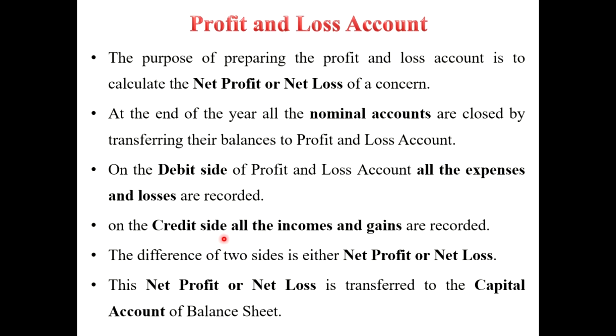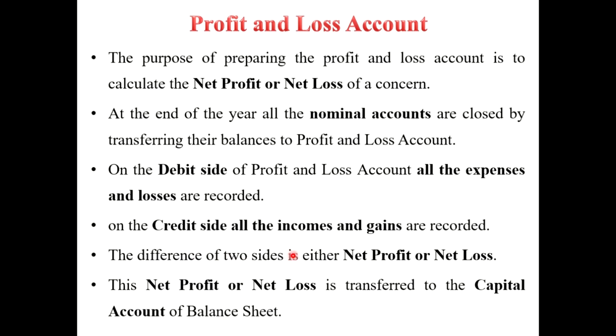Non-operating income is income other than from the main business. For example, interest on investment outside the business, profit on sale of fixed assets, and dividend received are non-operating income, which we record on the credit side of the profit and loss account.